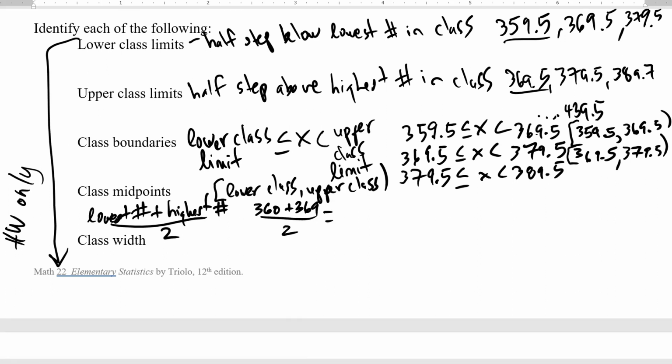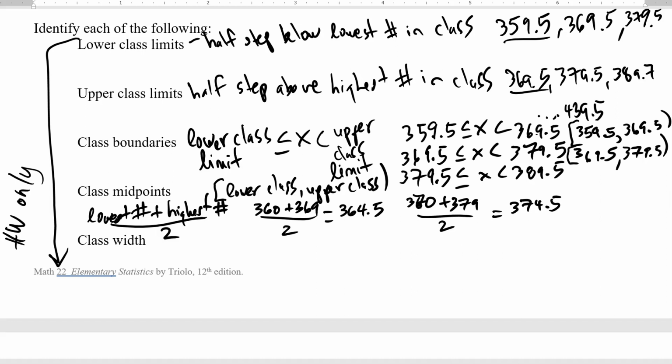Divide by 2 should be 364.5. It's right in the middle of the two. 370 to 379 is the next one, so 374. These would be the midpoints.